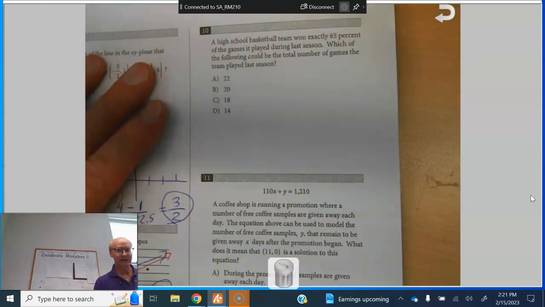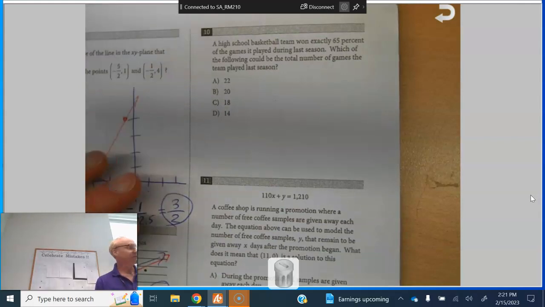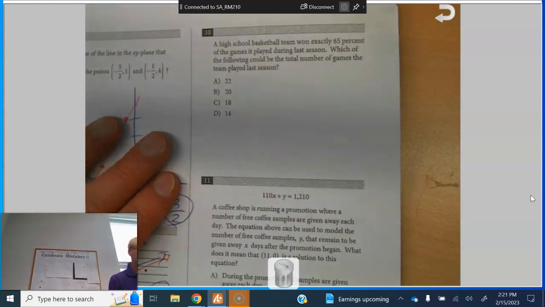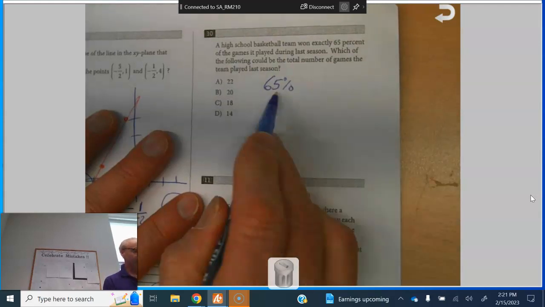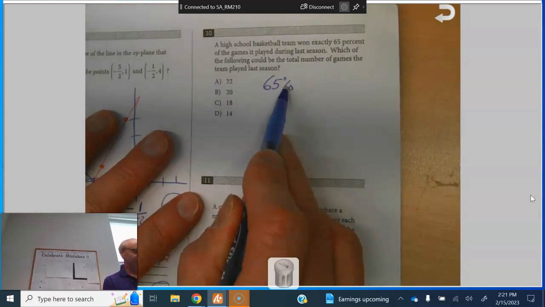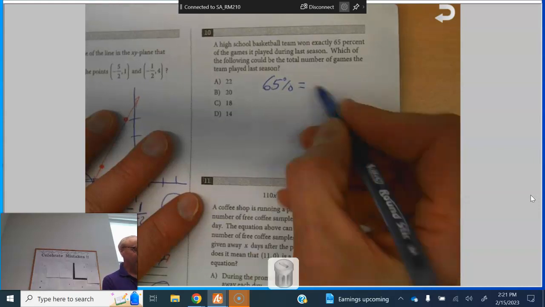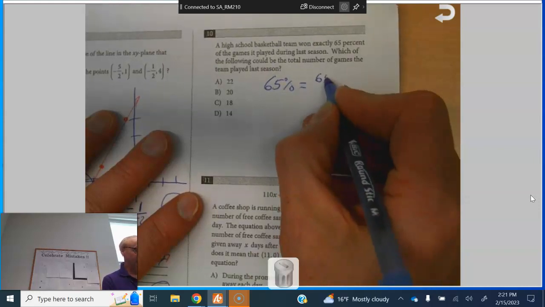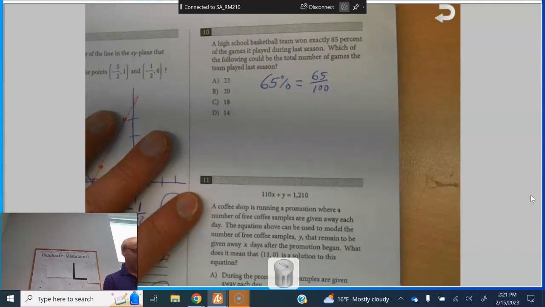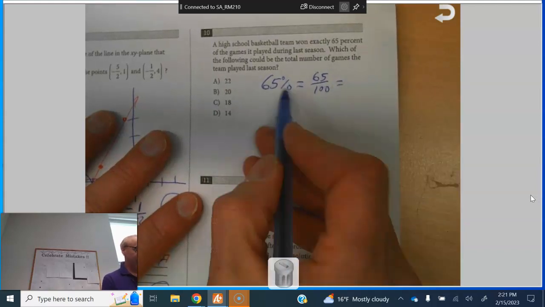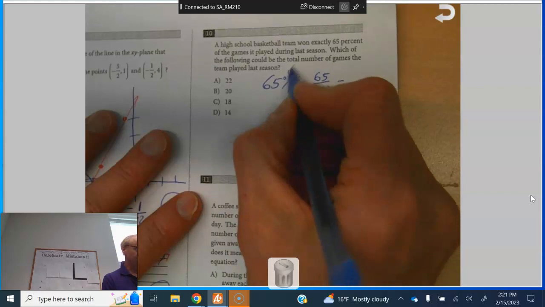Number 10 is kind of a trick question. You have to know, first of all, what 65% looks like. There's one way to write it. You guys know that this used to be written like this. And of course, this thing could be written like this.